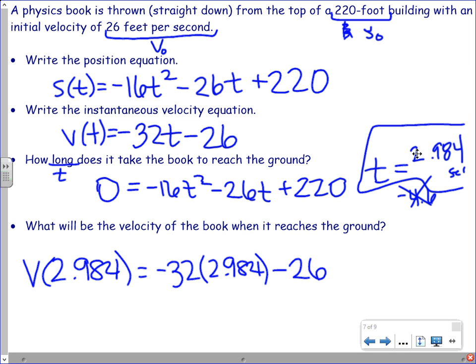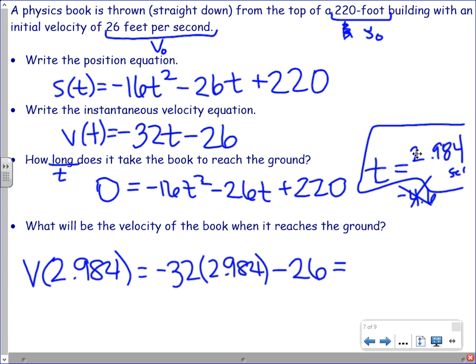For some of you, you might want to use your calculator to just recall that answer instead of having to type it in. You can either arrow up to recall it or second answer if it was the last thing that you had.